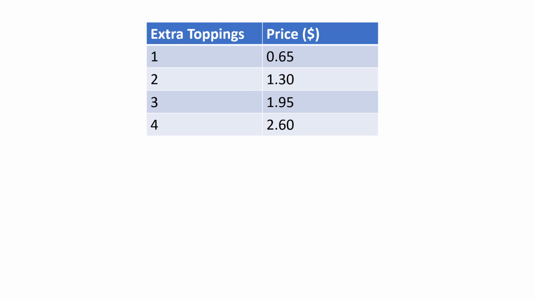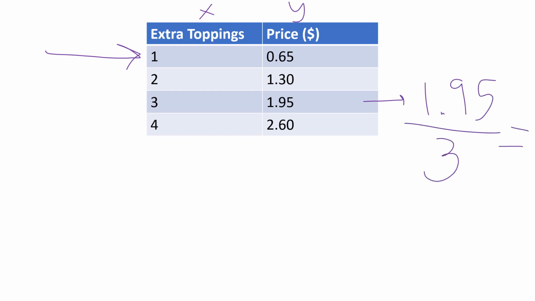Okay, hopefully you paused the video. We're back from the pause. So again, there's a lot of ways to figure it out. One is we can look at the unit rate that tells us one topping is 65 cents, or you could divide any of the y values by their corresponding x. So if I did 1.95 divided by 3, I would get 65 cents.